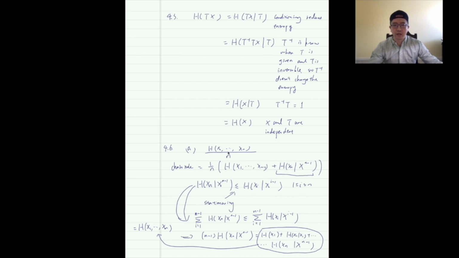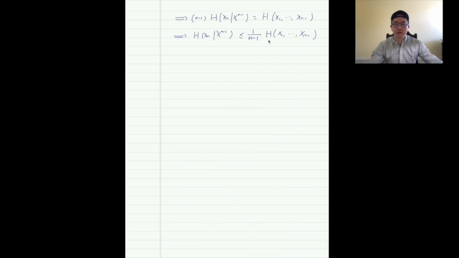This is less than 1 over n of this plus what we just computed here. So now we can obtain that H(X1 till Xn) over n is less than 1 over n times H(X1 till X_{n-1}) plus this term.